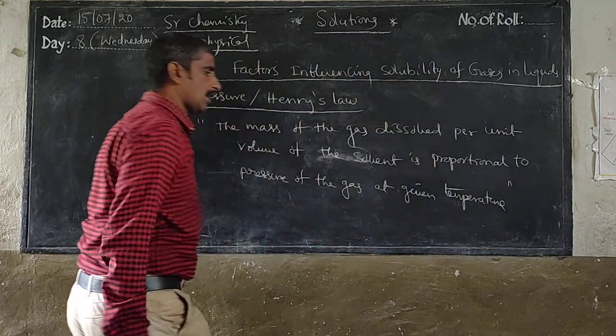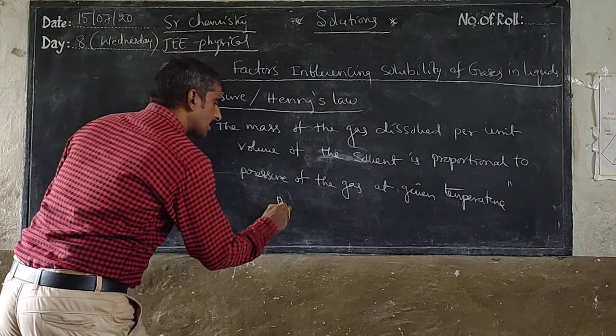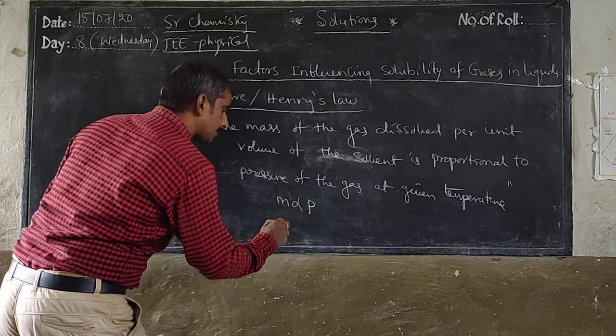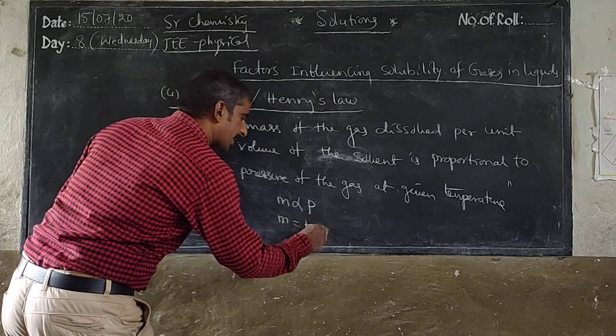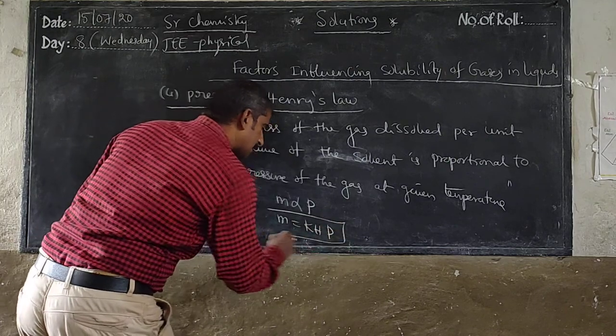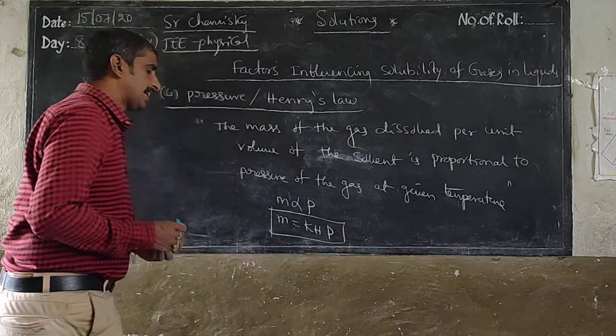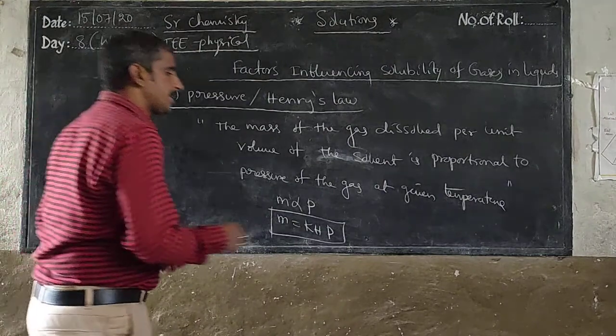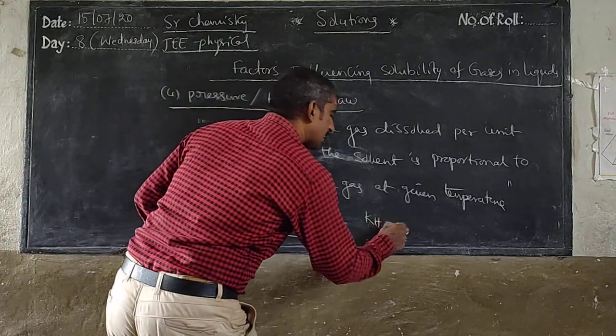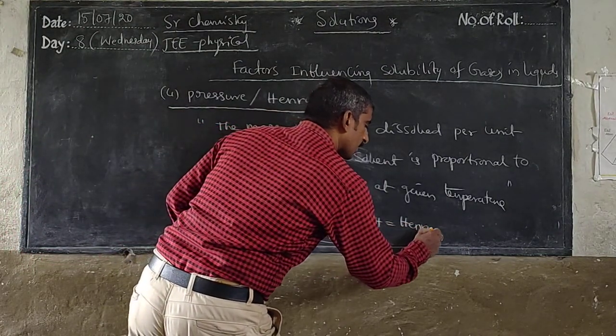That is Henry's law. Mathematically, m is directly proportional to P, m equals kH times P. Here kH is Henry's constant.